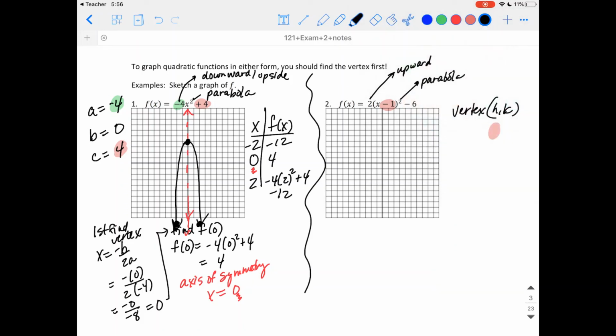So the -1 turns into a positive +1, and the k is exactly what this value is right here. And this is your x and your y value. So 1 comma -6. I'm going to go ahead and graph it.